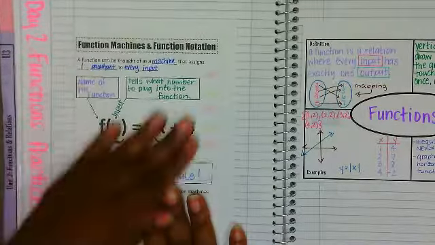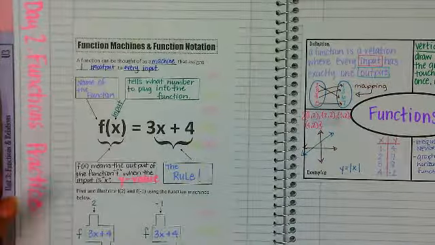So you're going to flip to page 54 and 55 in your notes. On page 54, you should have your 3-2 homework from last night.